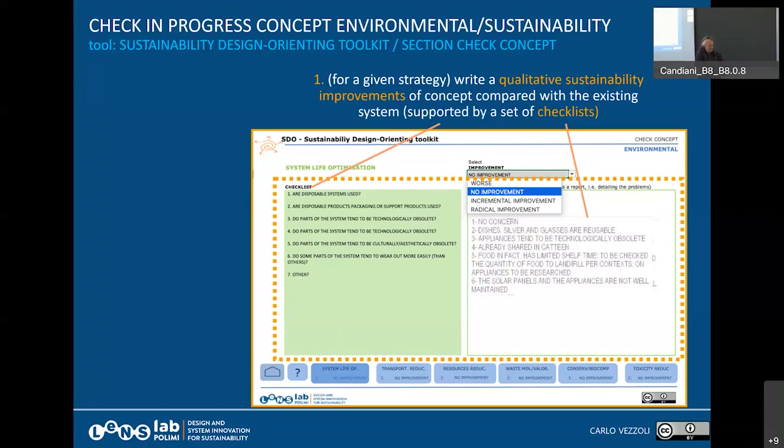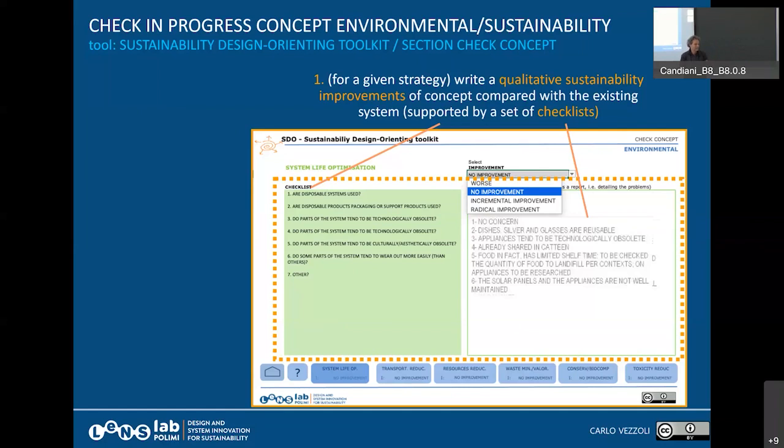At this stage you will describe here whether your concept has improved, and in which characteristics, or maybe you discover that by improving the concept in relation to system life optimization, something bad happened in relation to resource reduction.